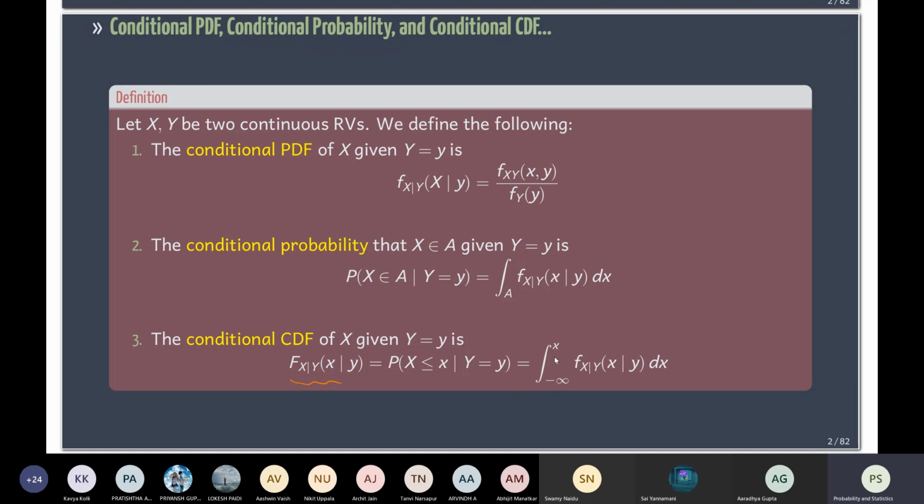We put the limits for x, which is minus infinity to x, and then we put the conditional PDF of X given Y. So these are the definitions of conditional PDF, conditional probability, and conditional CDF.